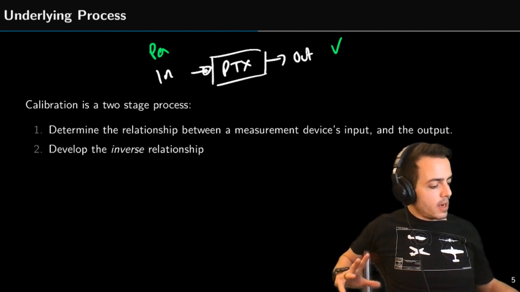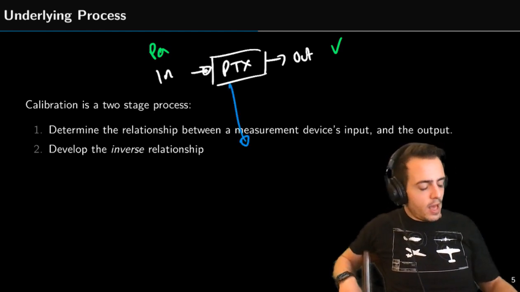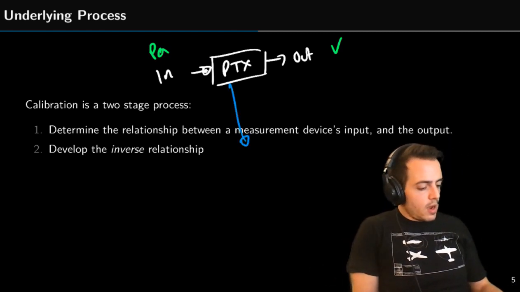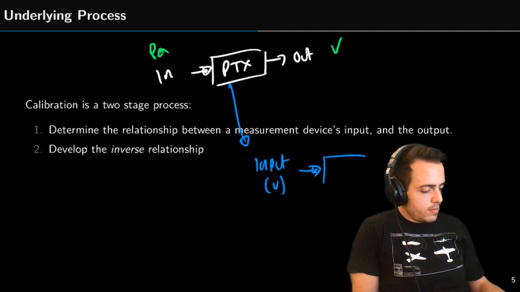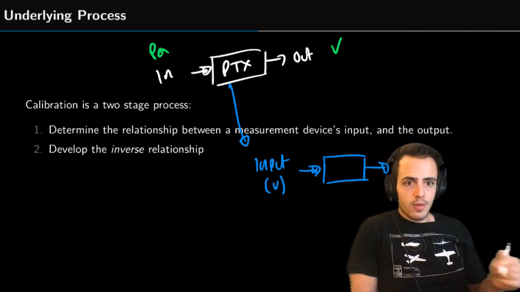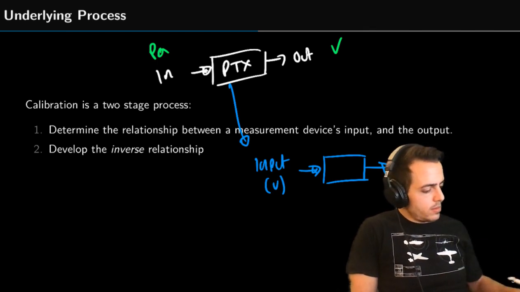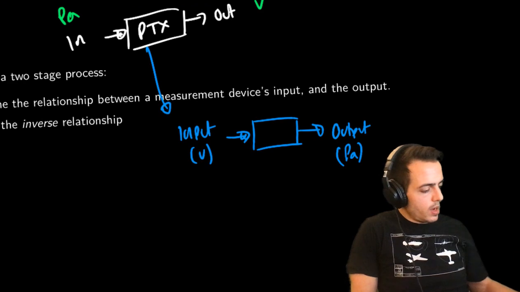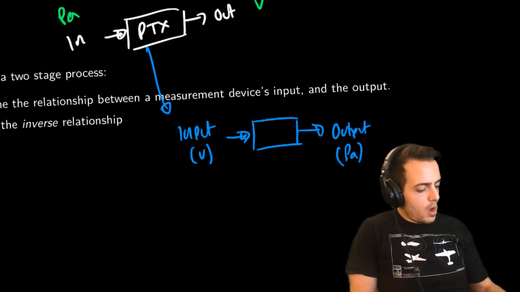So what I then do is I then want to determine the inverse relationship. So we're going to say that our input is in volts, and our output is going to give us pascals. And we can then just call this some other name in here.